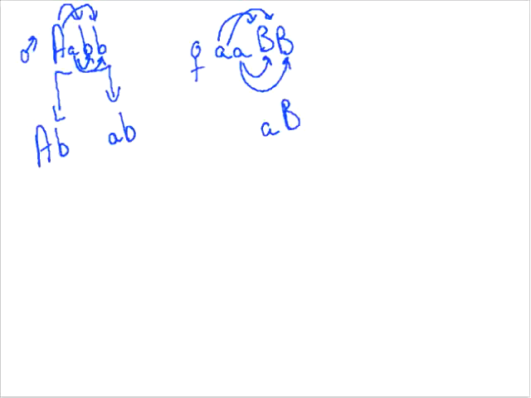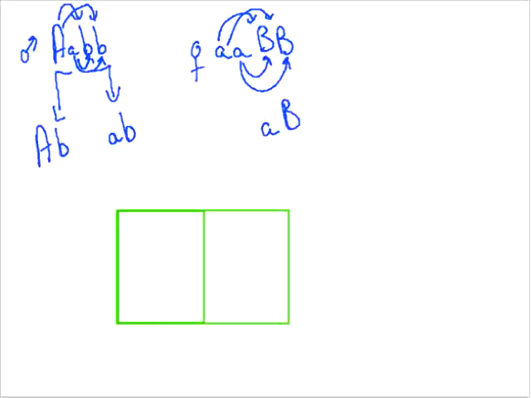Completing a Punnett square for this is a matter of actually just writing in the possibilities. The female, remember, only has one possible gamete, so I can do an abbreviated Punnett square. Her gametes are going to be little a, big B. For the male, the possible gametes are as follows.